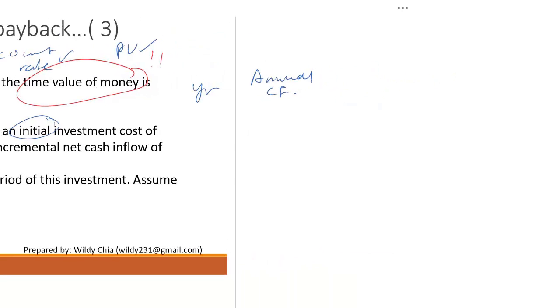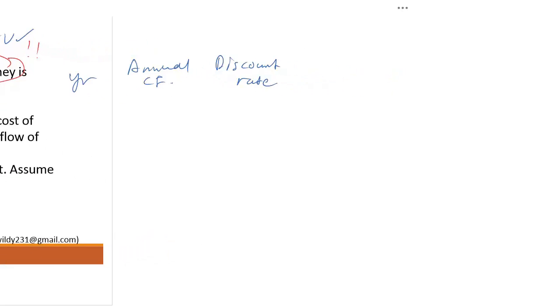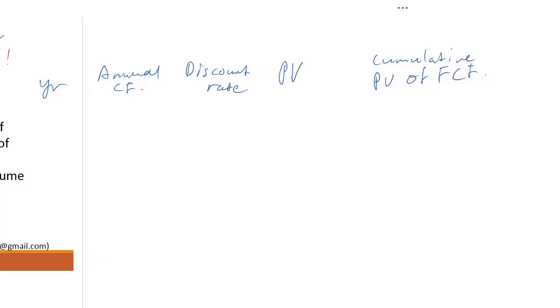And because you need to do present value, you need to take into consideration the discount rate, so you need a discount rate column. You're going to have one more column, which is present value, and the last column, the cumulative present value of future cash flows. These are the columns required.